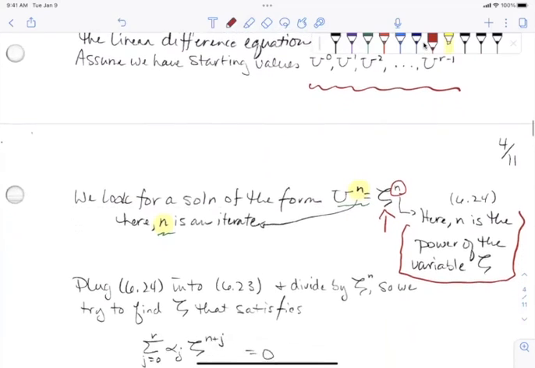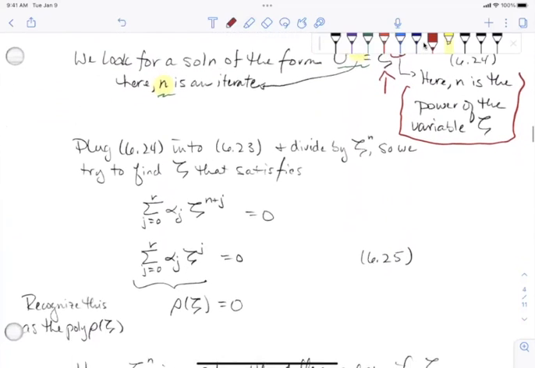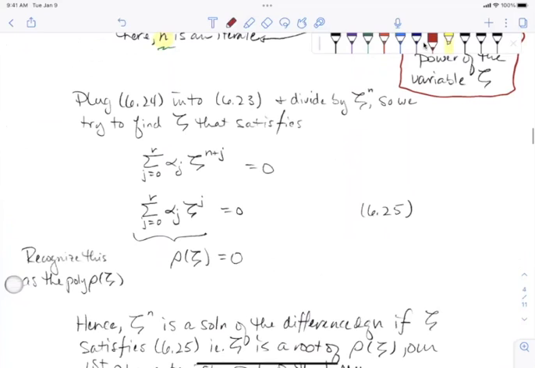Well, you plug it into your equation, and then you see how you can simplify. In this case, I plug my zeta to the power of n in here, and so I see how I have this common power, if you like, at this point, which now is zeta to the power of n.